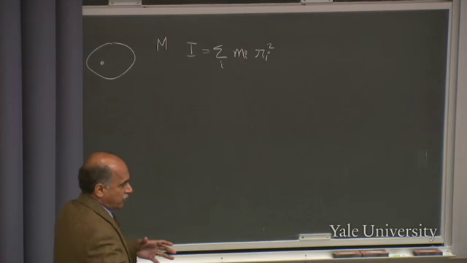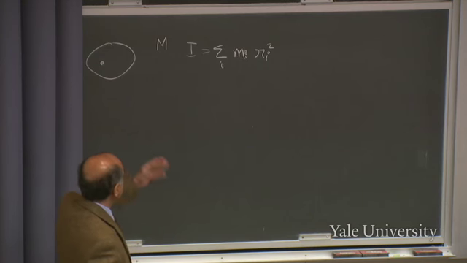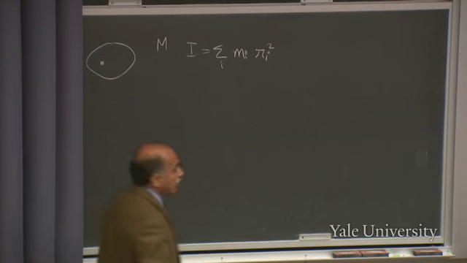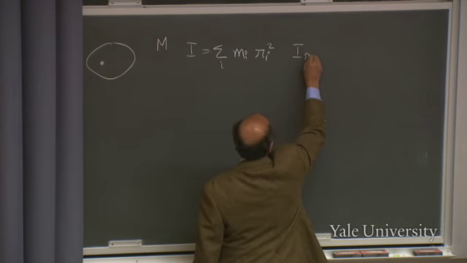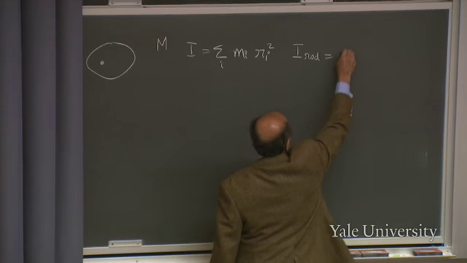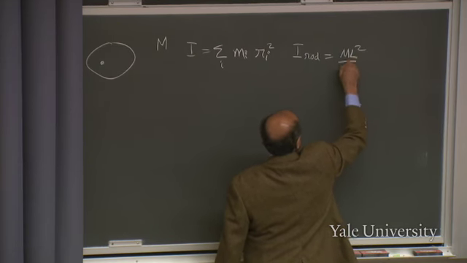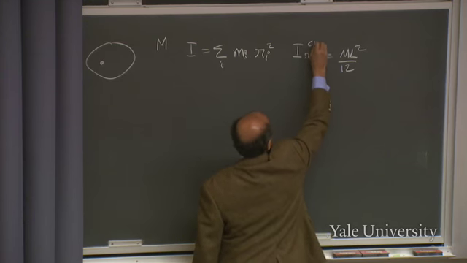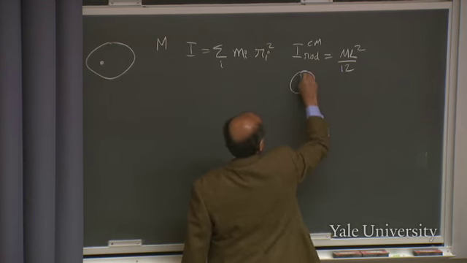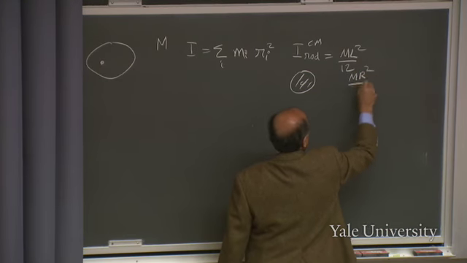For a continuous distribution of matter like this one, the sum is replaced by an integral. For example, for a rod, it was ml squared over 12 around the center of mass. And for a disk, it was mr squared over 2.